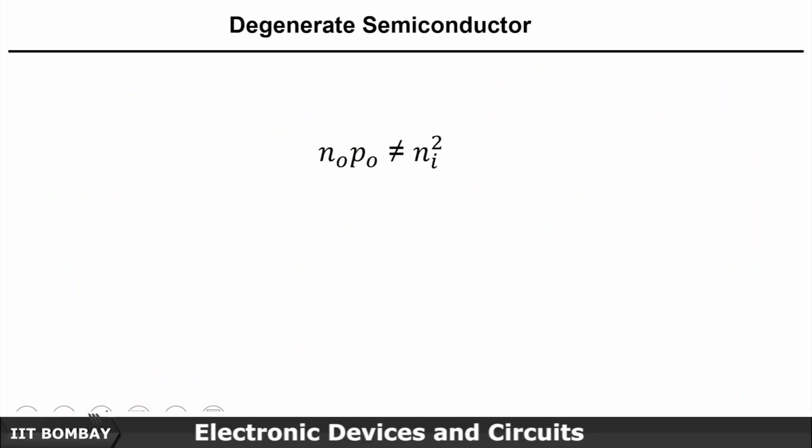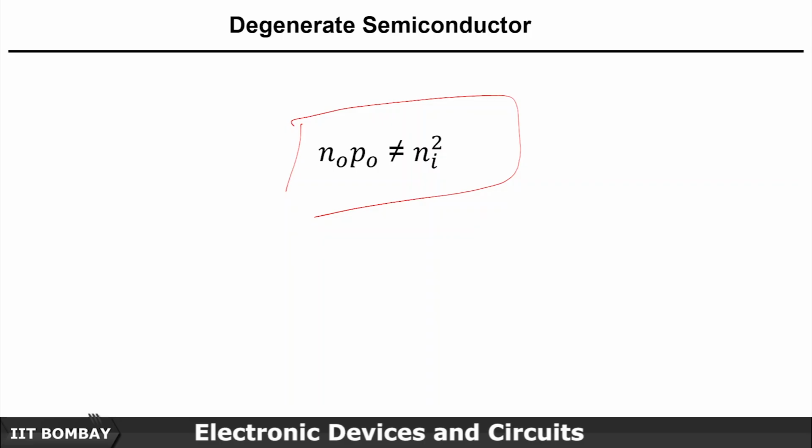Now we'll talk about another type of semiconductor, the degenerate semiconductor, and here the law of mass action doesn't hold. You might ask, what is a degenerate semiconductor? It is the case where the Fermi level lies inside the conduction or valence band and the material is degenerate. In such a case, the exponential approximation to the Fermi function cannot be used.